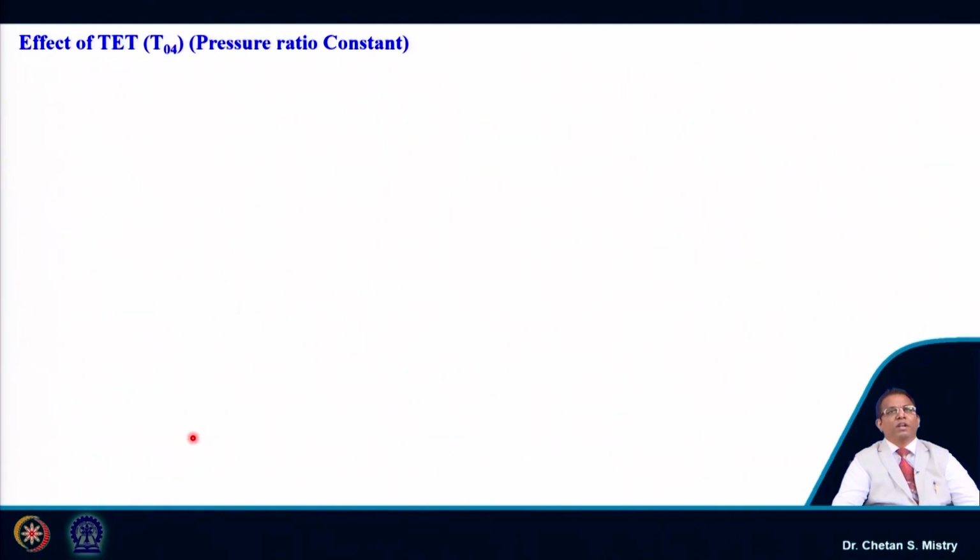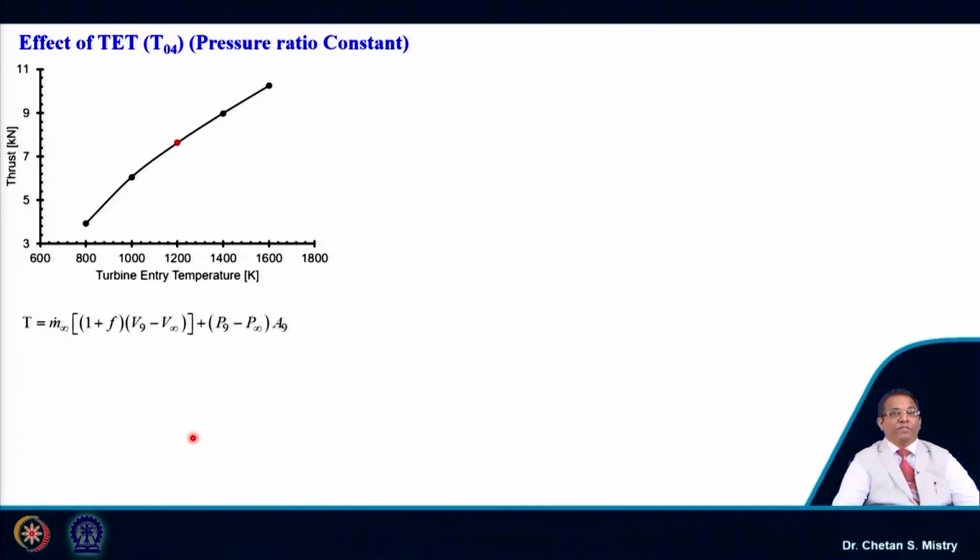Now, let us look at the new scenario where we will keep our pressure ratio constant and we will be changing the turbine entry temperature. If we look at this number, it says by increasing the turbine entry temperature, your thrust generation will be very high.